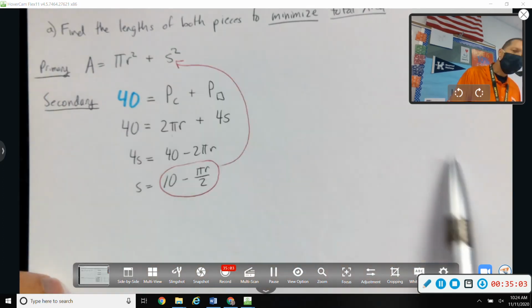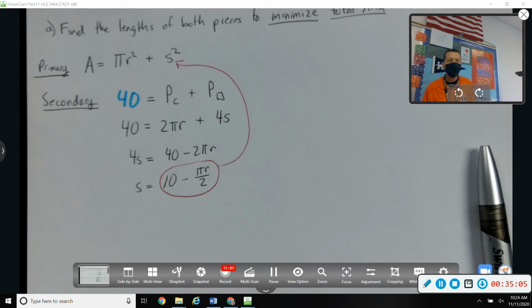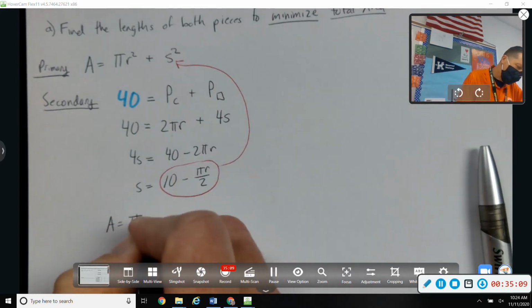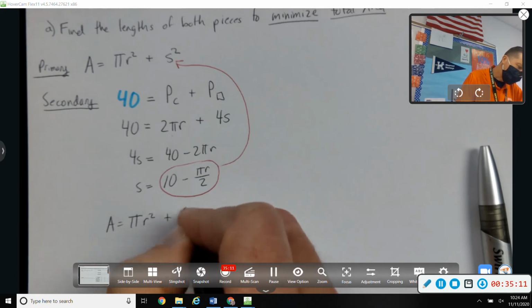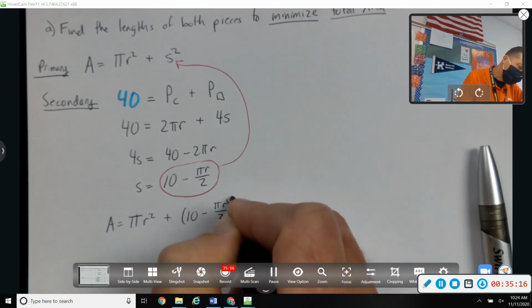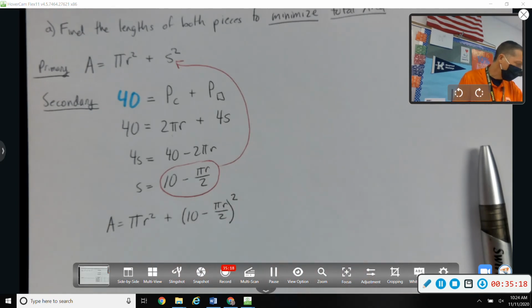So with our helper equation, we can now express the area as pi r squared plus 10 minus pi r over 2, squared. Yeah, that's still area of the circle plus area of the square.